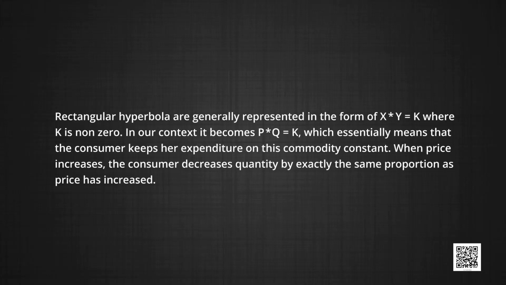So this essentially means that the consumer keeps her expenditure on this commodity constant at some value K. When the price increases, the consumer decreases quantity purchased by exactly the same proportion as the price has increased.